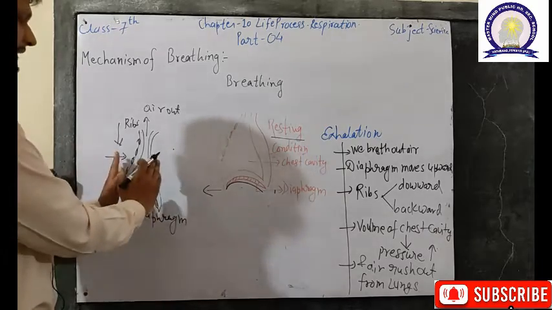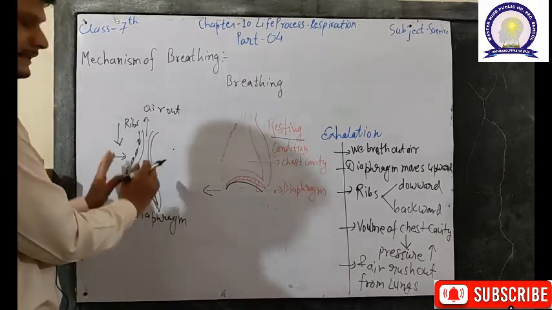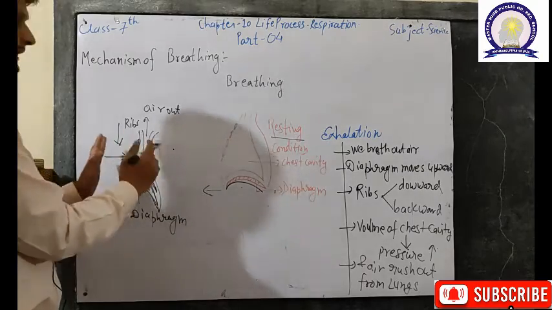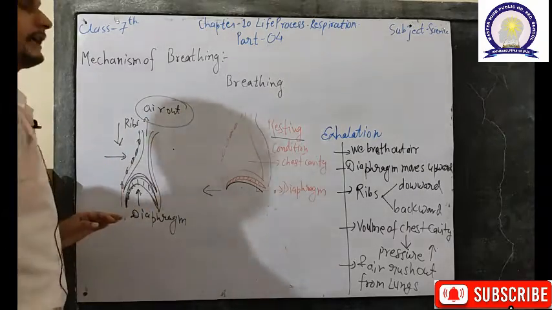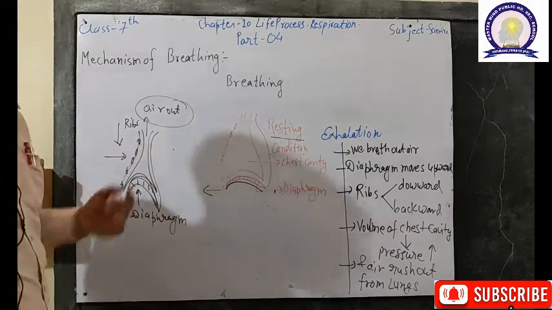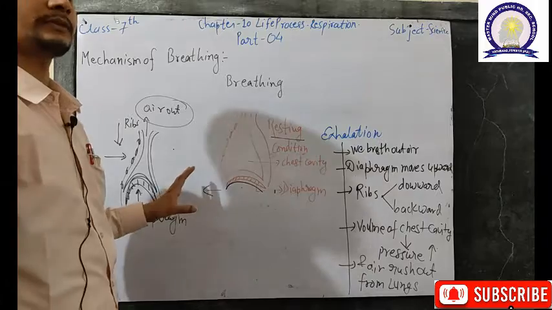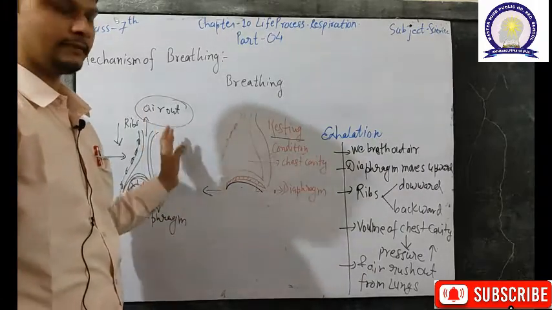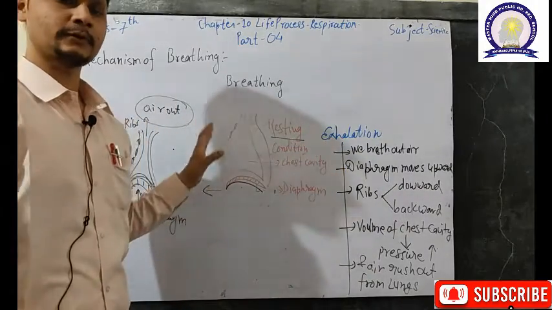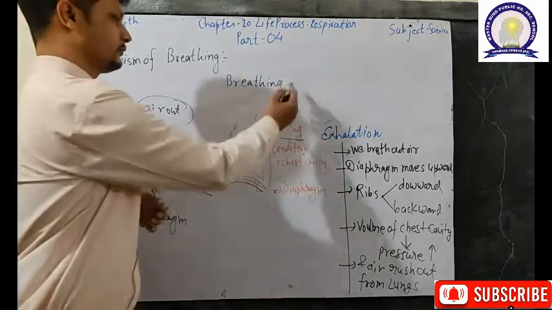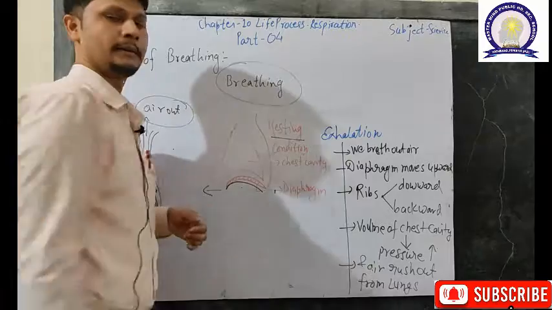That means the pressure inside the chest cavity increases and the volume of the chest cavity decreases. That leads to the air going out of the lungs and out of the body to the environment. So this includes the whole process of breathing, inhalation followed by exhalation. This process occurs continuously in human beings.